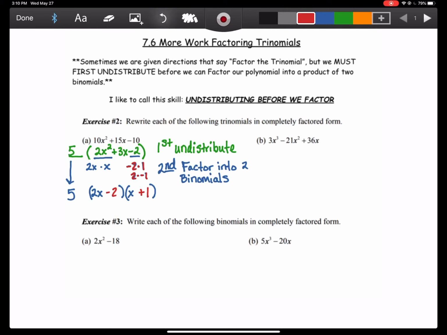Get rid of only what we need. Now, it might not be -2 with the 2x, but I'm going to keep the -2. I'm just going to move it over here, and I'm going to try the +1 with the 2x. Let's check it out. This gives us -4x, and the inner times inner gives me +1x.